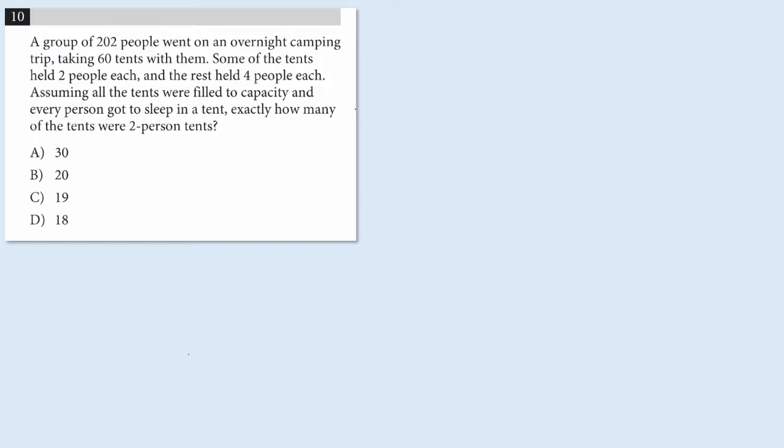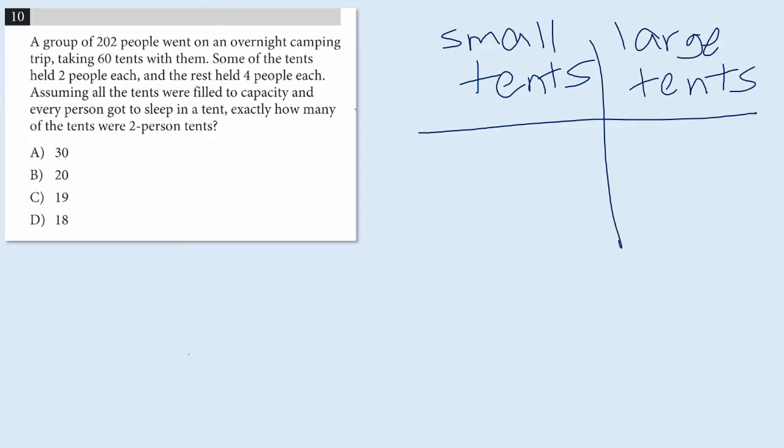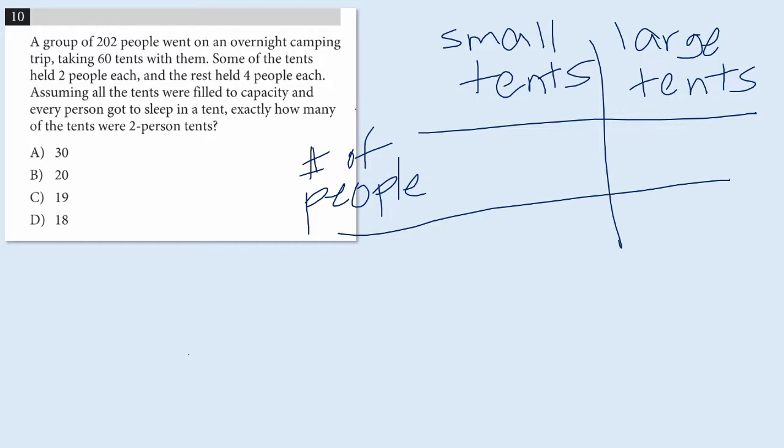We'll start by organizing the information. So we have different sizes of tents. We have some small tents and we have some large tents. They hold a different number of people. The small tents each hold 2 people, and the large tents each hold 4 people.